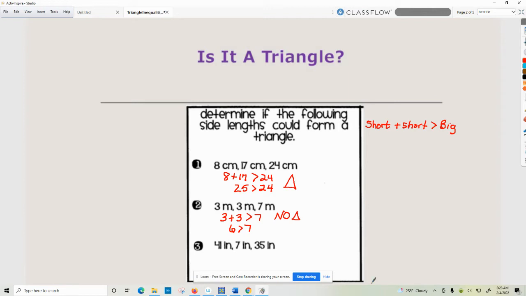And then in the last one, the two smalls, add them up. This is just allowing me to check to see if we can make a triangle with the three sides given. So I would take my 41 plus my 7 has to be greater than 35. So 41 plus 7 is 48.